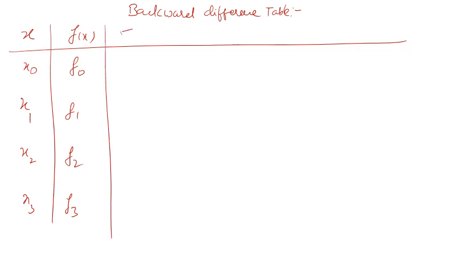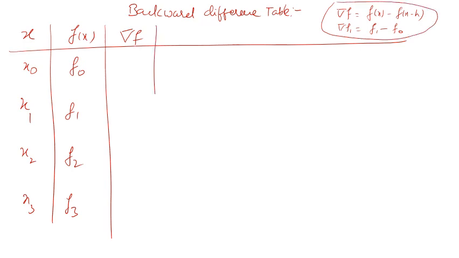Now, backward difference. First order backward difference. What is the first order backward difference? f of x minus f of x minus h. That means if I want to write del f1, write f1 and one step backward, f0, like this. Okay, this is backward difference.